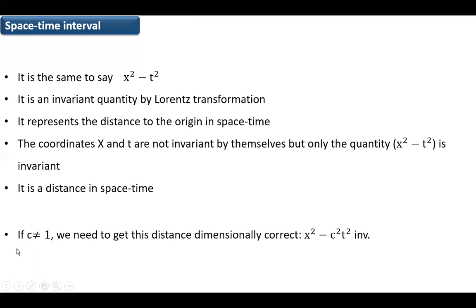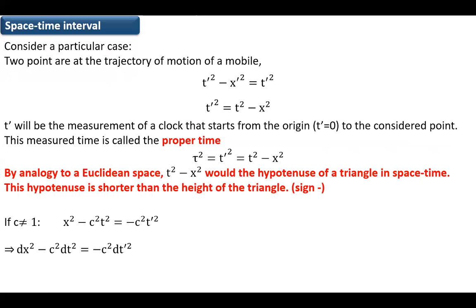So if you have a frame where c is different from 1, you just multiply t squared by c squared, and the invariant would be x squared minus c squared t squared, or c squared t squared minus x squared. They are both invariant.